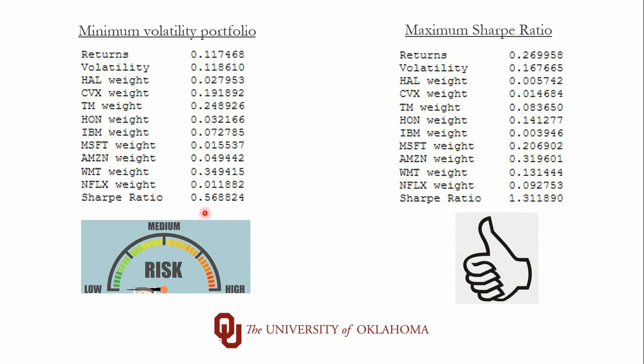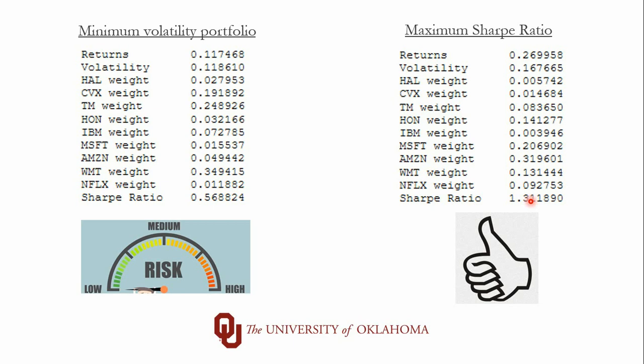This one had a volatility of 0.118 and a Sharpe ratio of 0.56, and this one a volatility of 0.16 and a Sharpe ratio of 1.3. An important difference, so let's keep these values in mind.